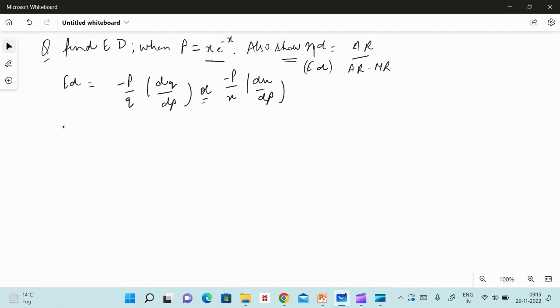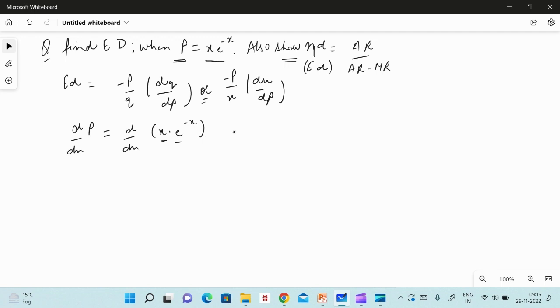First of all, we know that P is given, P here is price. So we will calculate the derivative of P, right? Derivative of price. To calculate it, we take this equation, that is the derivative of x into e power minus x with respect to x. You can see here that there are two variables multiplied, and we will apply the product rule here because the sign of multiplication is there.